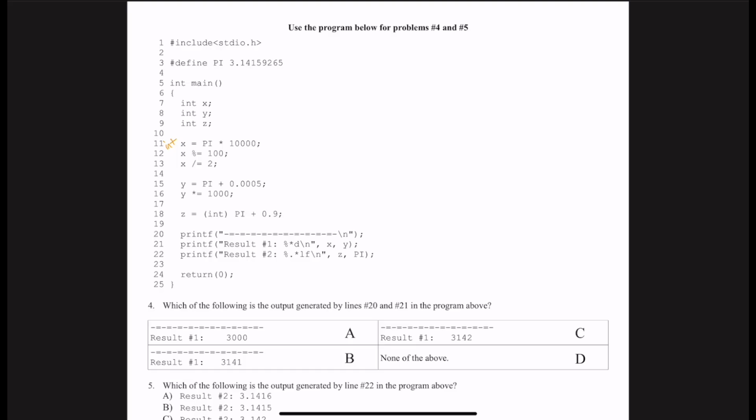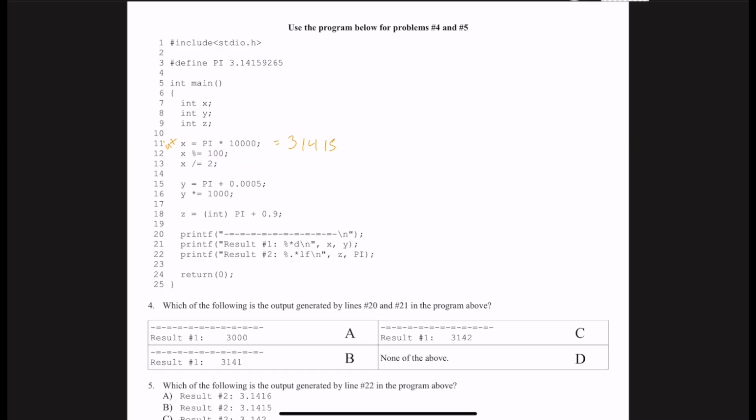So pi times 10,000, we're going to move over the decimal place by 4. And so it's going to be 31415. Now, of course, pi times 10,000 is really 31,415.9265, but because we're converting it to an int by assignment, we're going to drop any information that's on the right-hand side after the decimal.